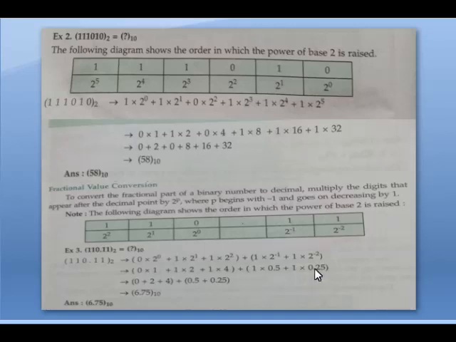So we have to simplify. The integer part is 0 plus 2 plus 4, which is 6 point. The fractional part is 0.5 plus 0.25, which is 0.75. So the answer is 6.75 to the base 10. So the fractional binary value is converted into a fractional decimal value.